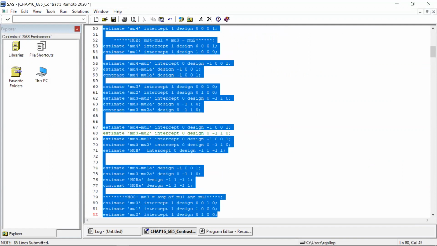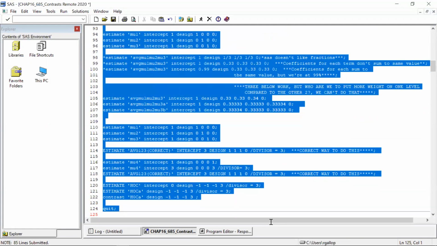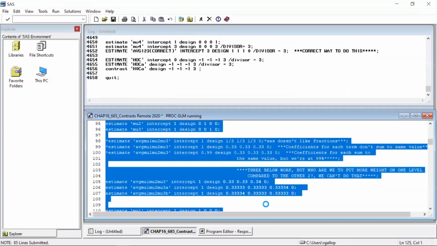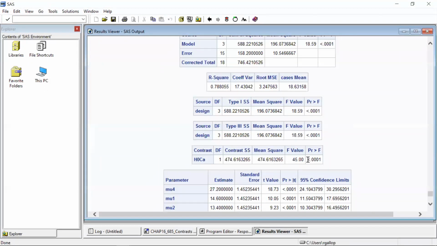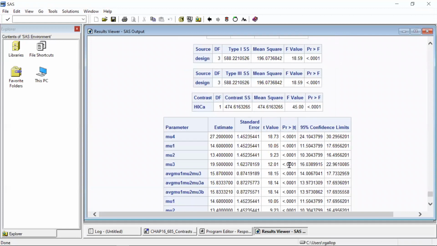The way the contrast gets around it is, remember, the contrast isn't giving us the estimated mean difference. It's just giving us the statistical significance, that 45.